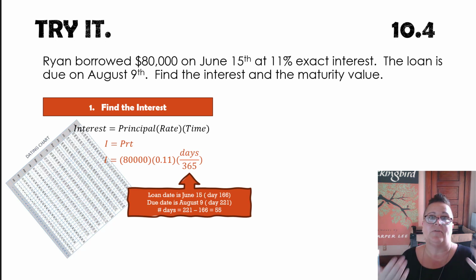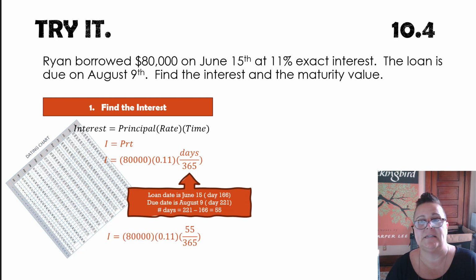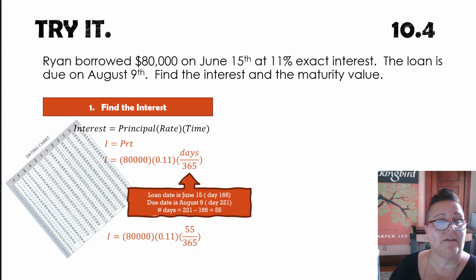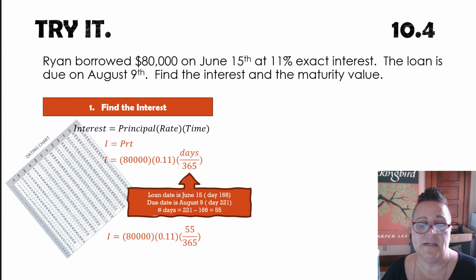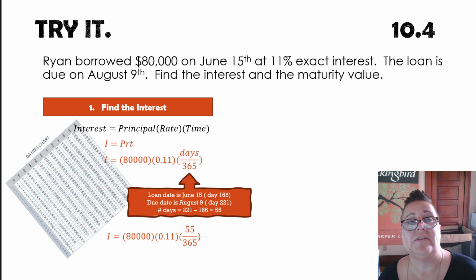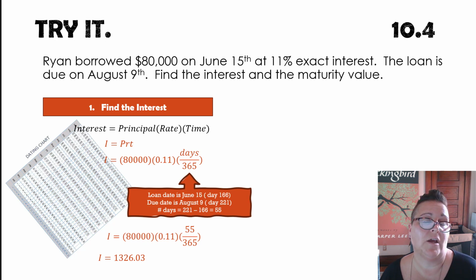In order to find the number of days in the loan, I'm just going to subtract 221 minus 166, and that's going to give me 55 days in this loan. So now I can do 80,000 times 11%, 0.11, times 55 out of 365, which works out to be $1,326.03.